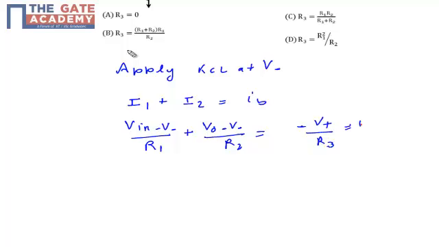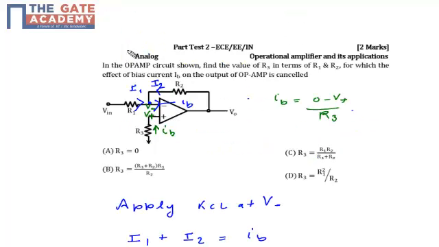I can leave this term as IB only, and from this expression of IB, I can write the value of V plus as minus IB times R3.